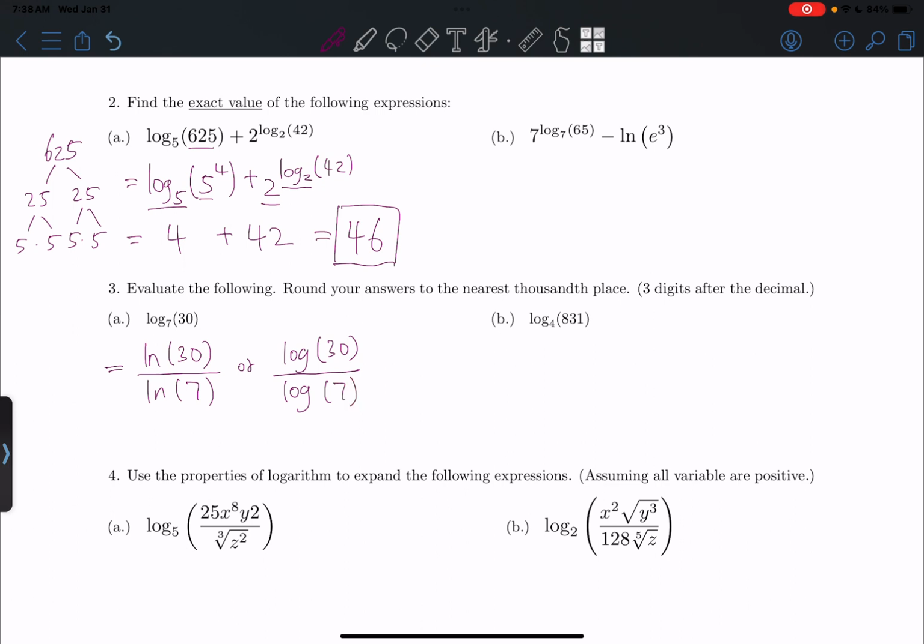Either way is gonna give you the same answer. All you have to do is punch that into the calculator, and it looks like, let's see.